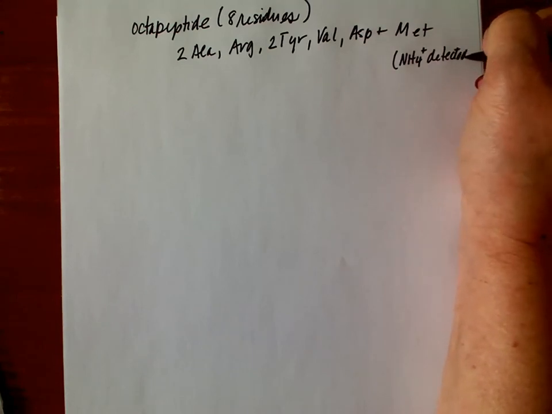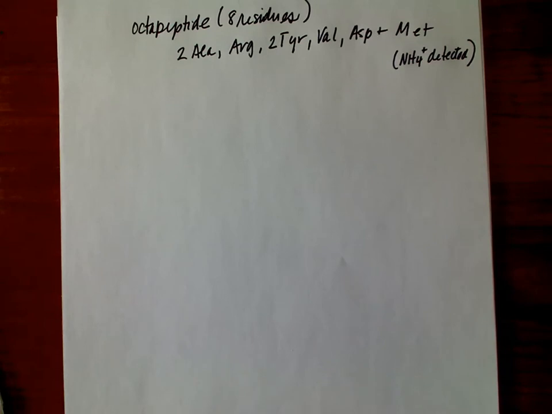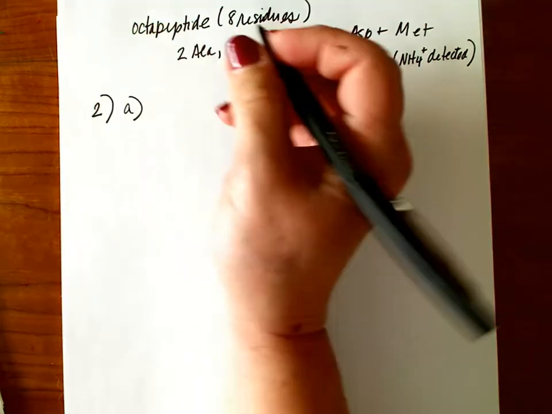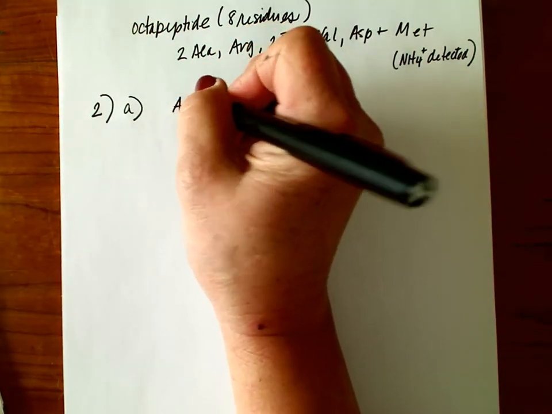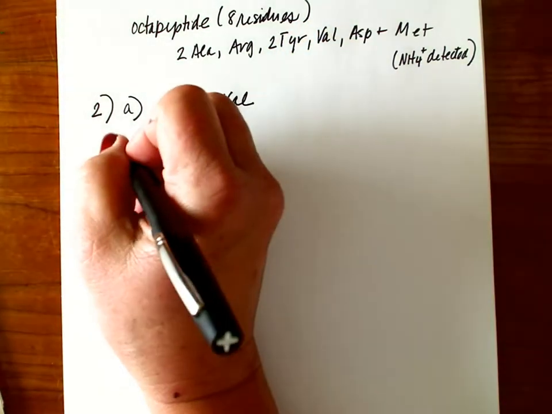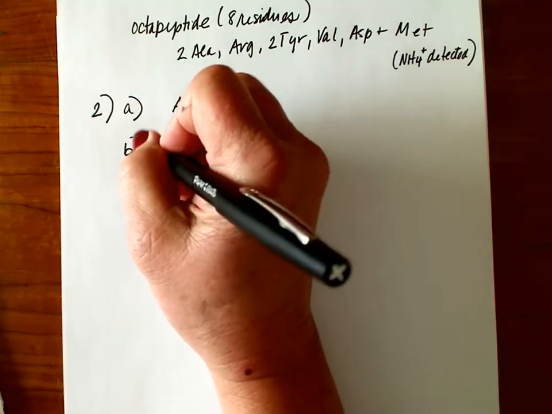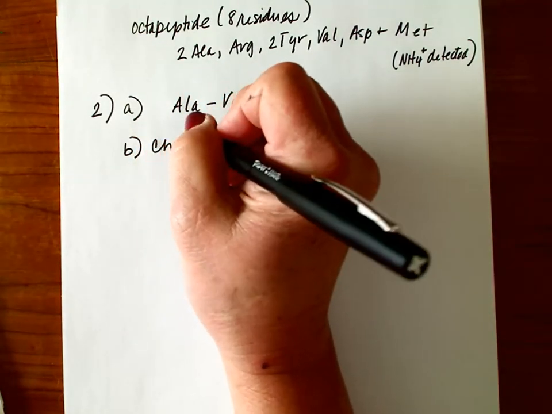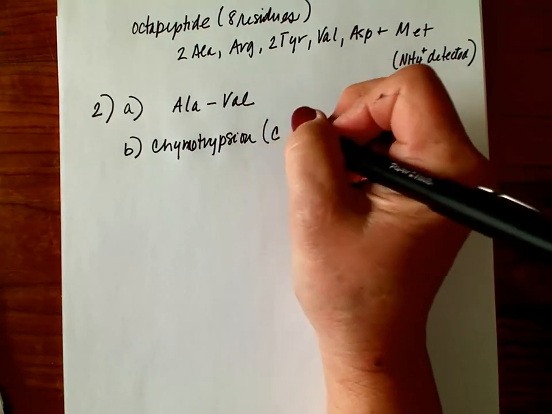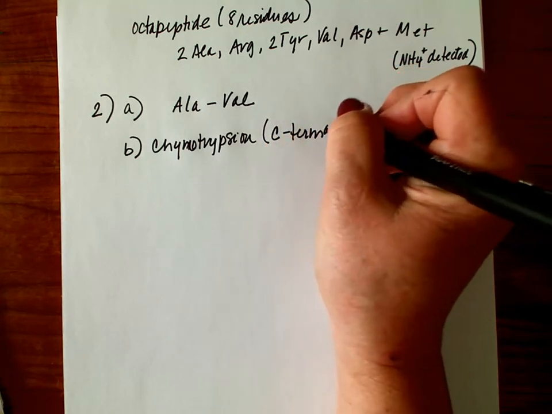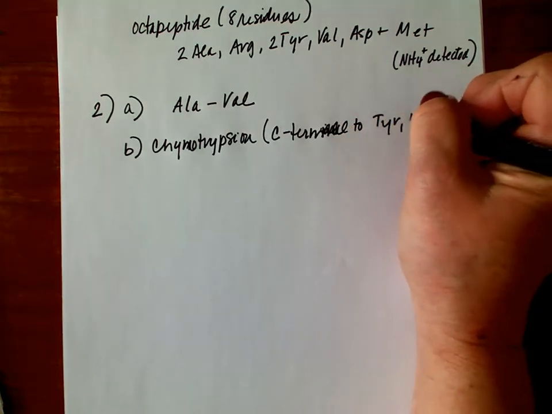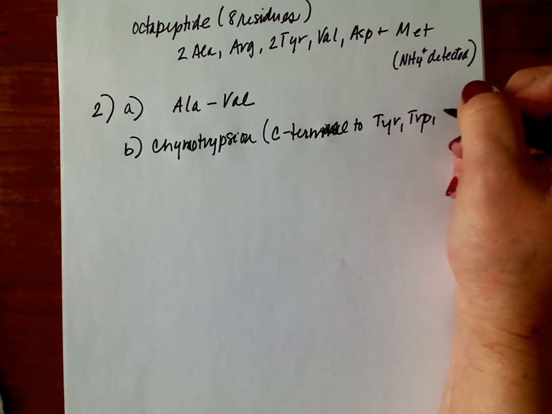Okay? Partial acid hydrolysis in A gives a dipeptide, alanine, valine. Okay. In B, we're treating with chymotrypsin. Again, this cleaves C-terminal to tyrosine, tryptophan, and phenylalanine, and this again is strongly.